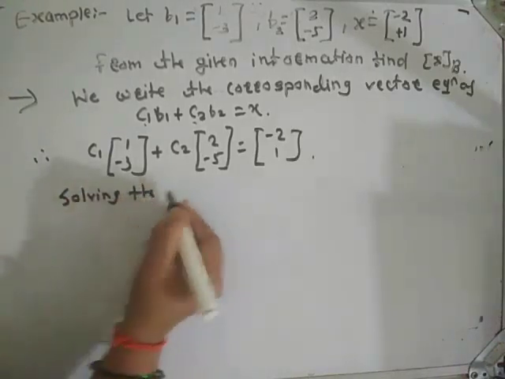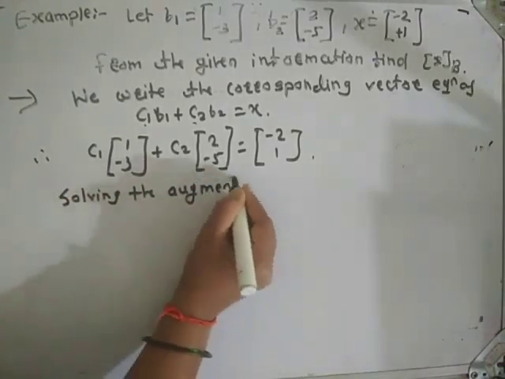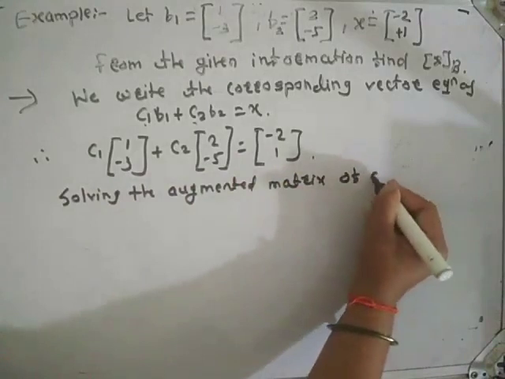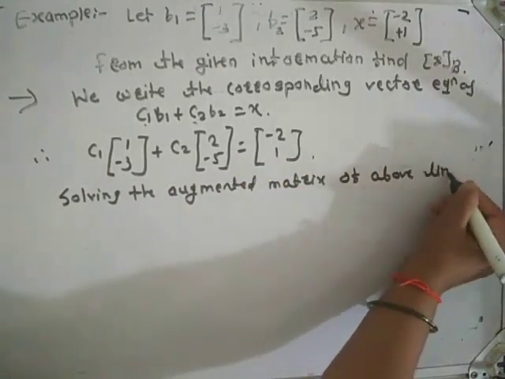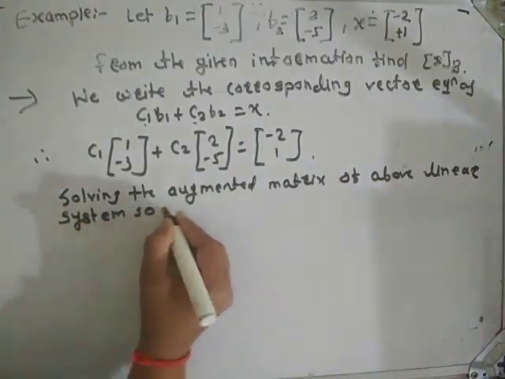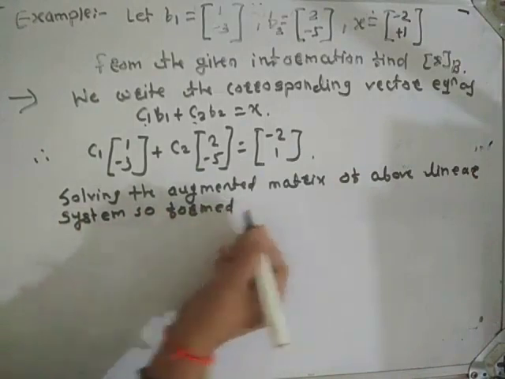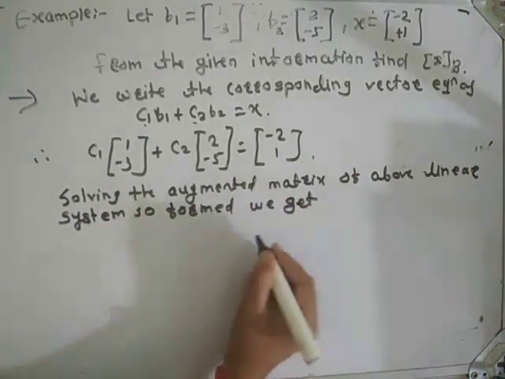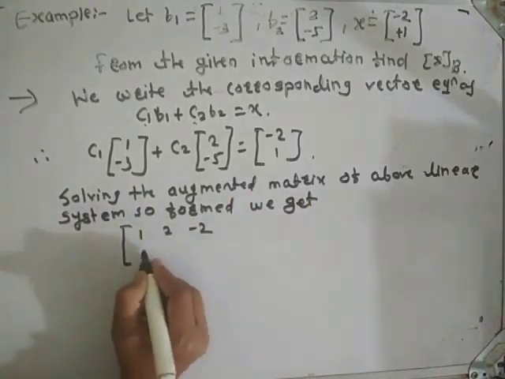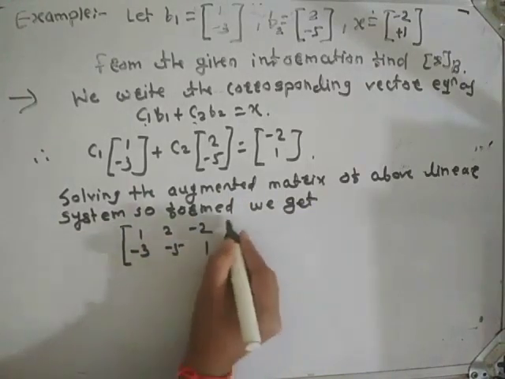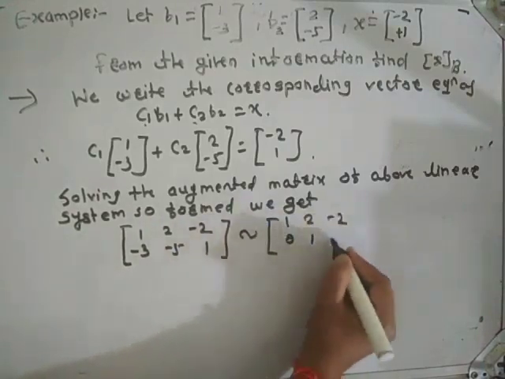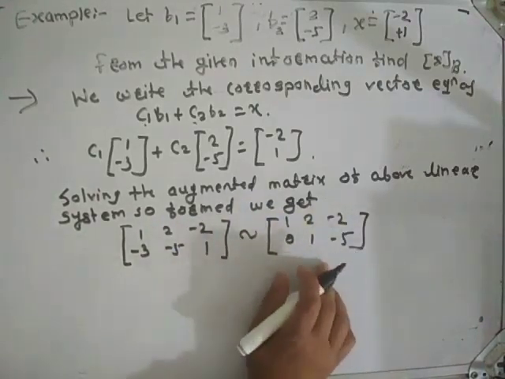the matrix [1 2 -2; -3 -5 1], which is equivalent to [1 2 -2; 0 1 -5].